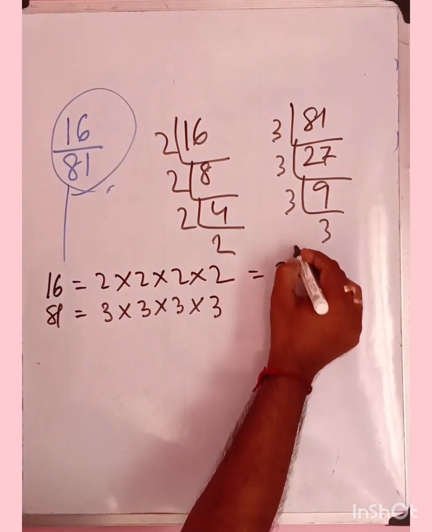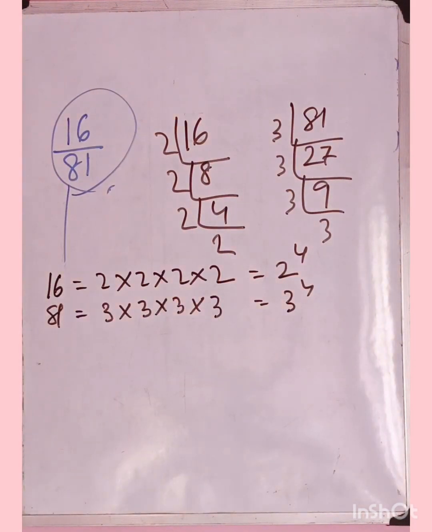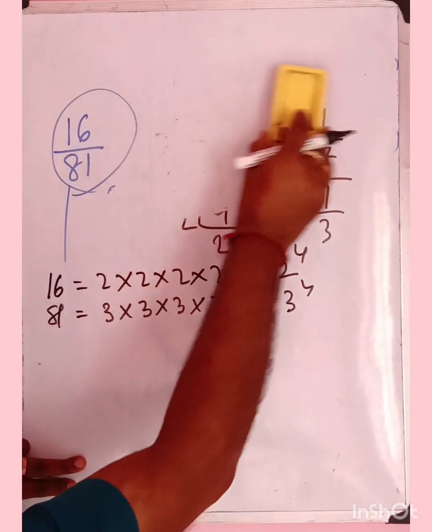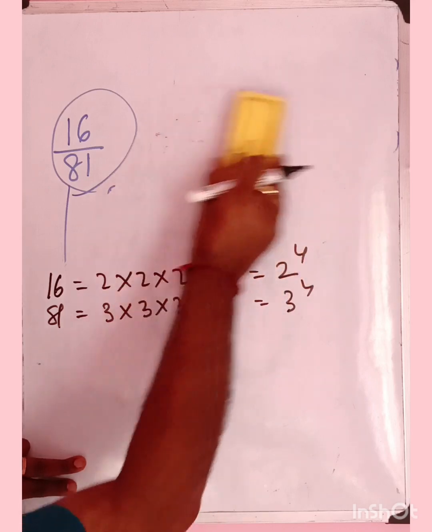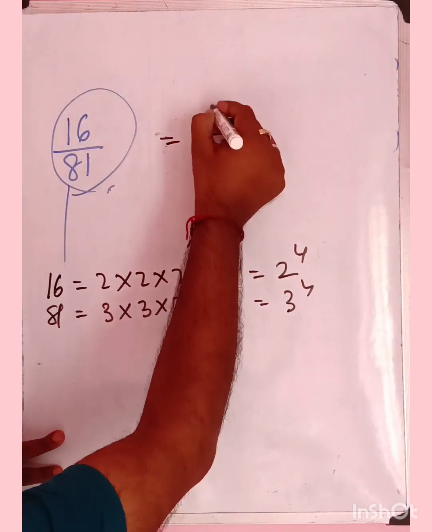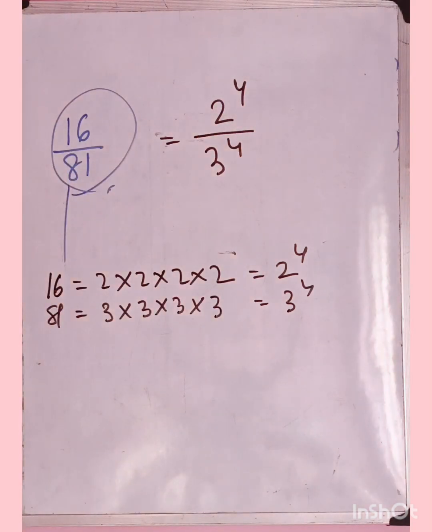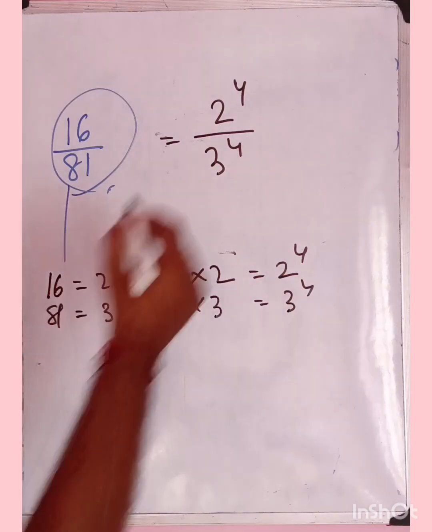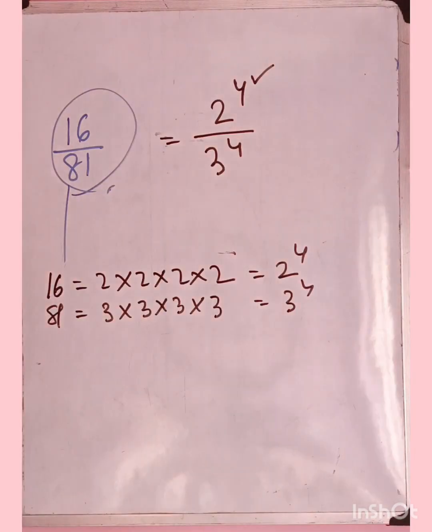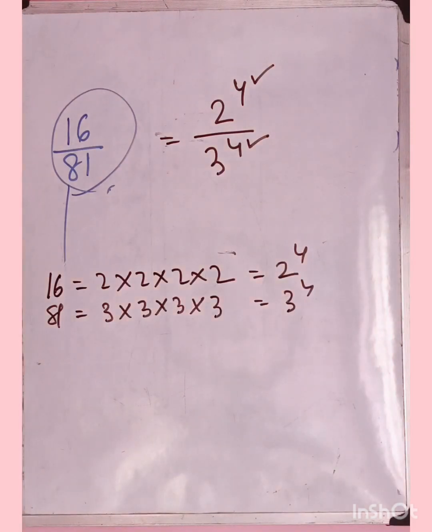So it is 2 to the power 4, it is 3 to the power 4. Okay? So if we replace 16 by 81 with 2 to the power 4 and 3 to the power 4, you can see power is 4 in numerator and power is 4 again in denominator.